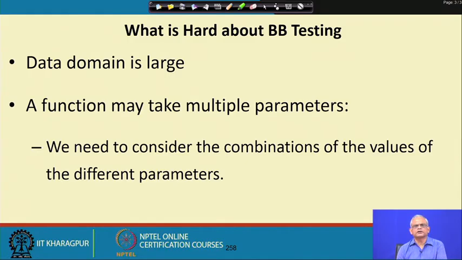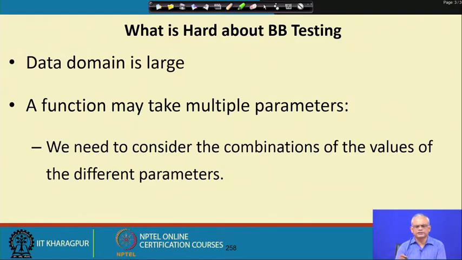Now, let us try to appreciate why black box testing can be hard. Here we just look at the input data and the output behavior, that is, what it should output, and then design test cases.